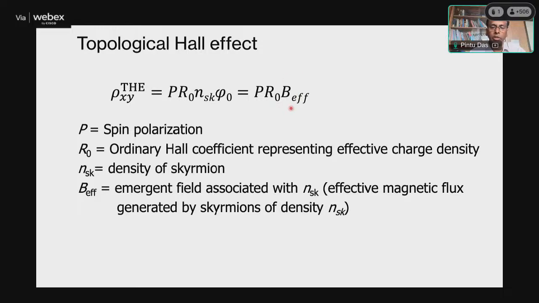So this gives you the total emergent magnetic field, which is B_EF. In this emergent field associated with this skyrmion density, this gives the additional Hall effect perpendicular to the electric field.